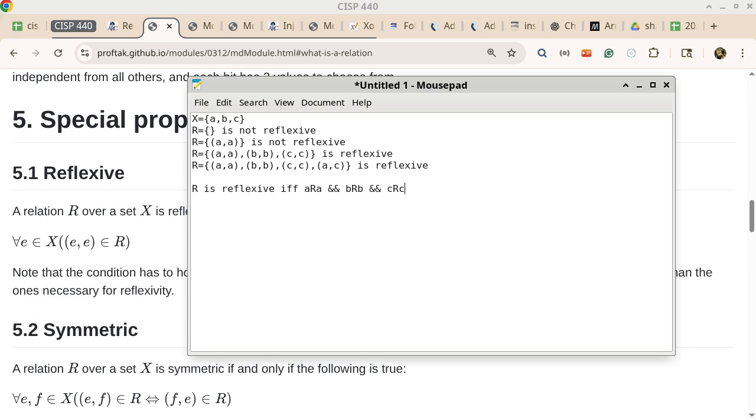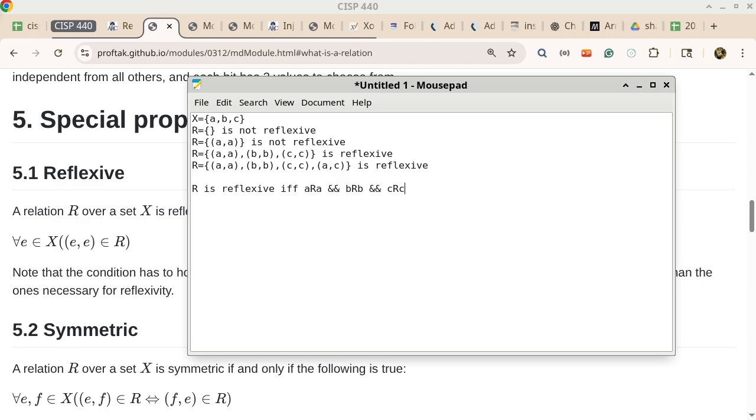That is the conjunction that has to be true in order for R to be reflexive. So this is how we can look at a universally quantified expression and convert it into a conjunction. This is possible only because we only got three elements in X.